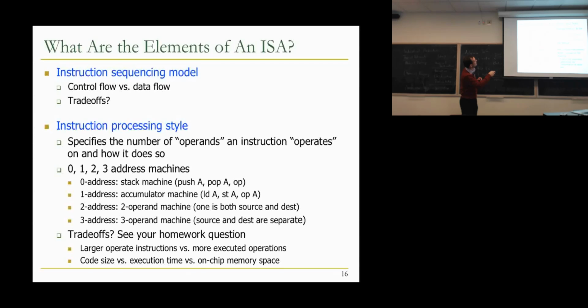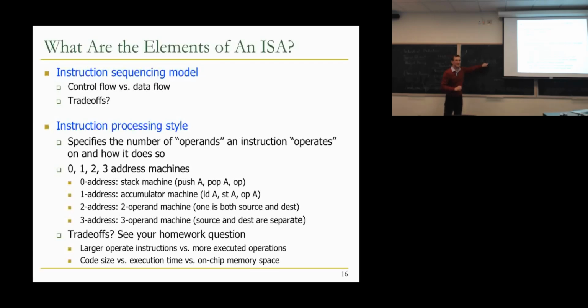So a 2 address machine, you have add destination register, source register, which means that one of the operands is always the destination. Source and destination are really the same, right? Which means that you actually overwrite the source.